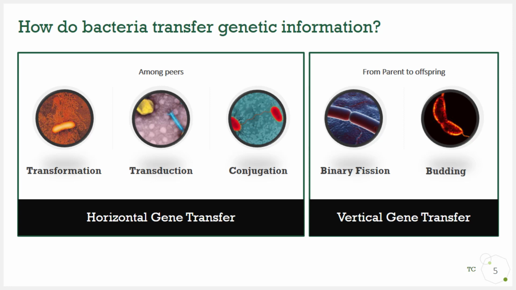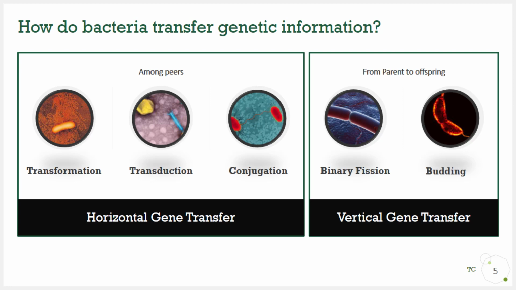Vertical gene transfer means that a parent will give its genes to its offspring. So a bacterium, when it reproduces asexually by binary fission, becomes two cells from just a single cell, and both of these cells are identical to each other, meaning that they contain exactly the same genes which the parent, the mother cell, has.